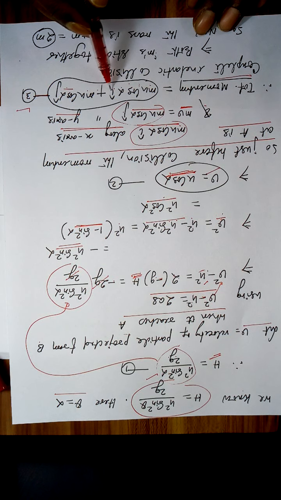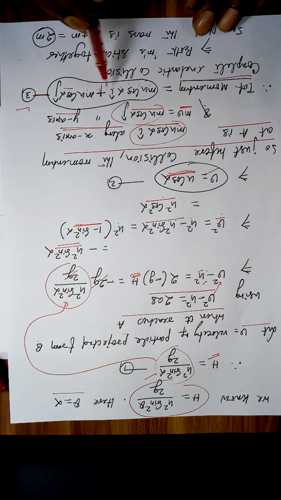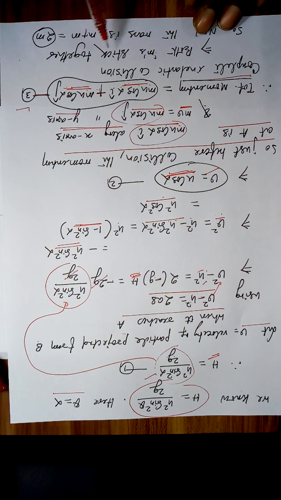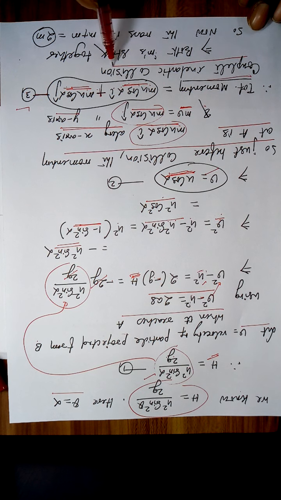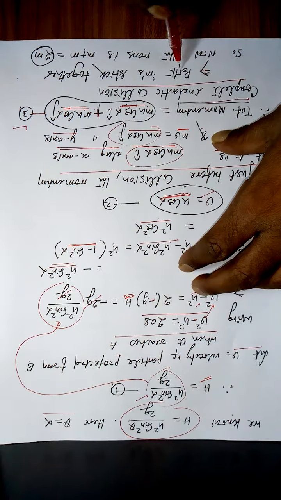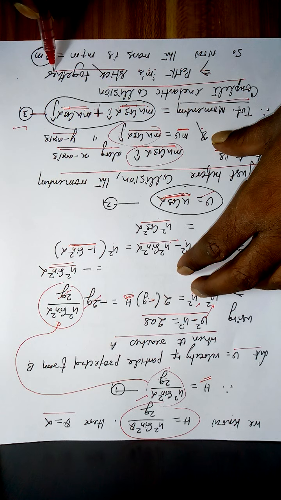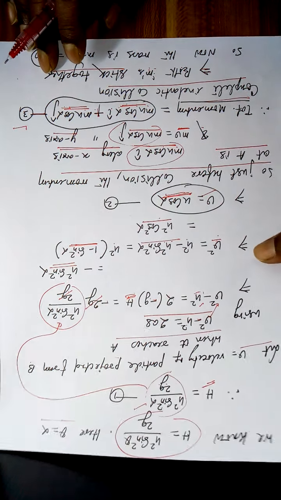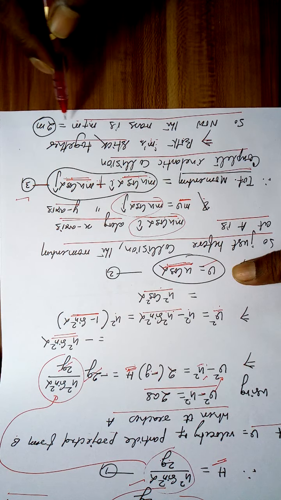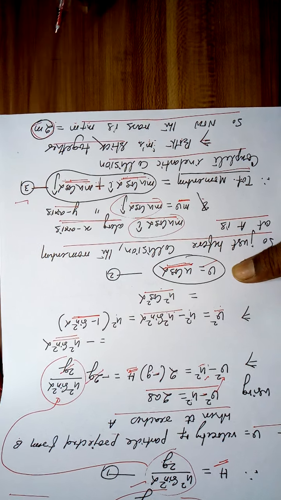Since I am using the unit vectors, this is a vector addition, this much along the x-axis, this much along the y-axis. Now, complete inelastic collision implies both masses stick together after collision. So now the mass m plus m becomes 2m.